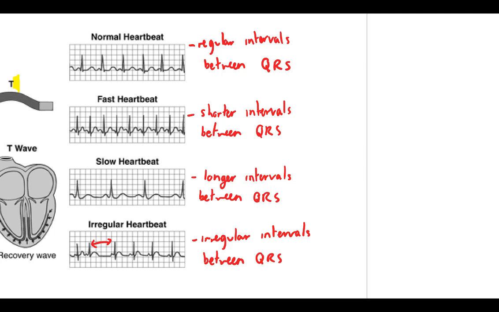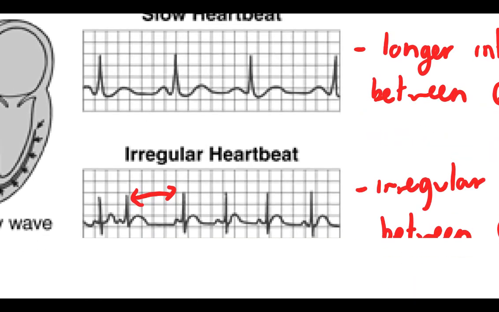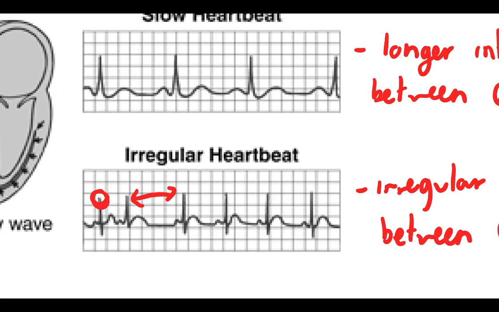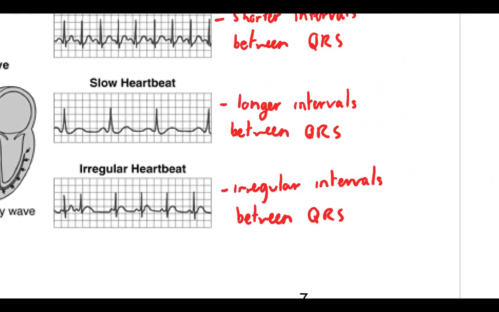Remember I said that every time an impulse gets produced by the SA node, it leads to a heartbeat. So this one is irregular, not because some of the peaks, like this one, go up to there, but this one goes up a bit higher. It's not to do with the height of the peak, it's to do with the intervals between them, so how much time it takes between each heartbeat.